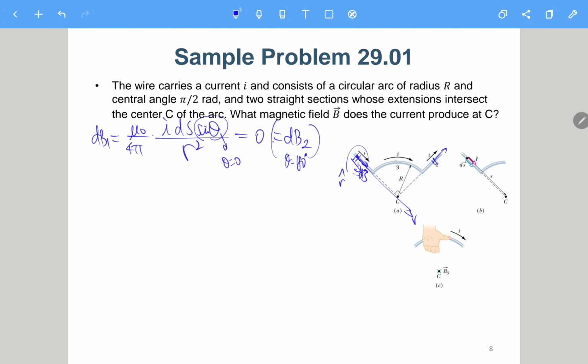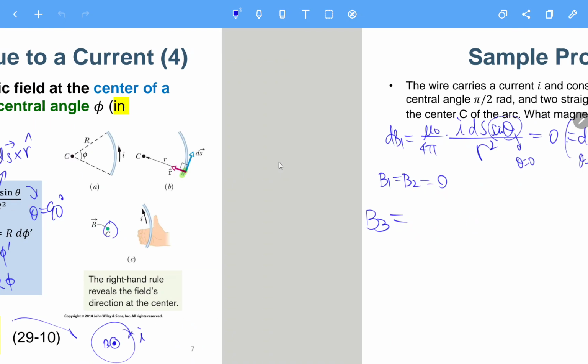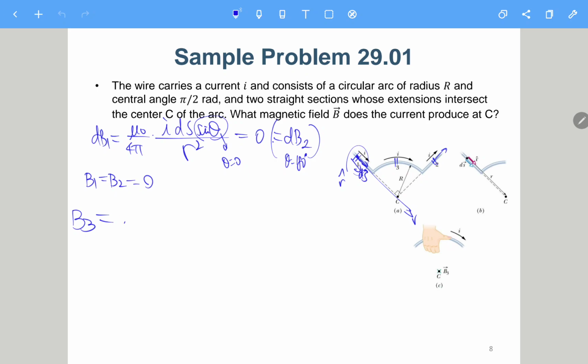So the only remaining part is this one. B1 equals B2 equals 0, and the only thing is B3. For B3 we can just use this equation 29.9. So this is nothing but mu 0 I phi over 4 pi r.